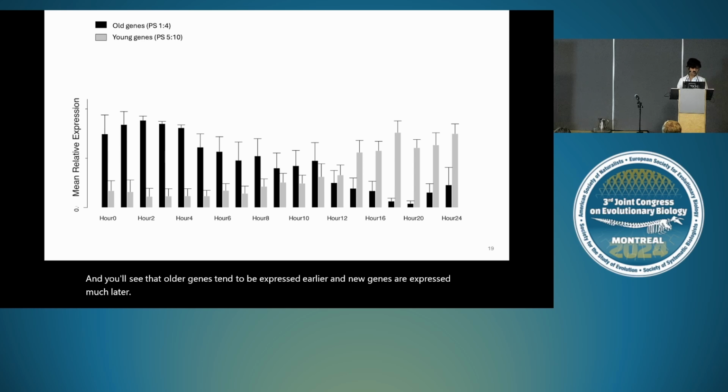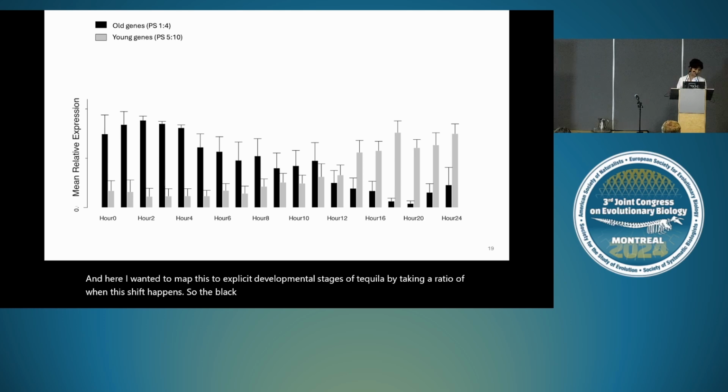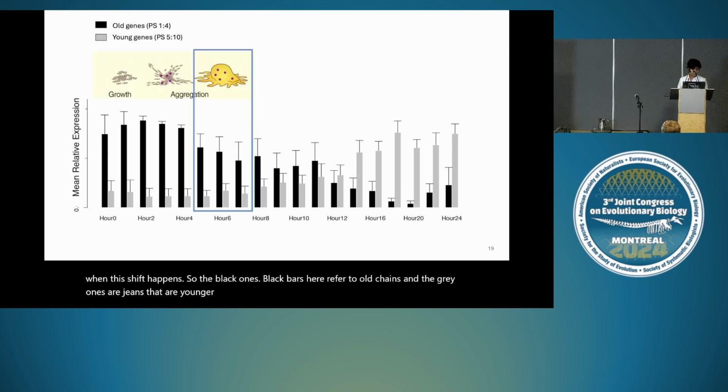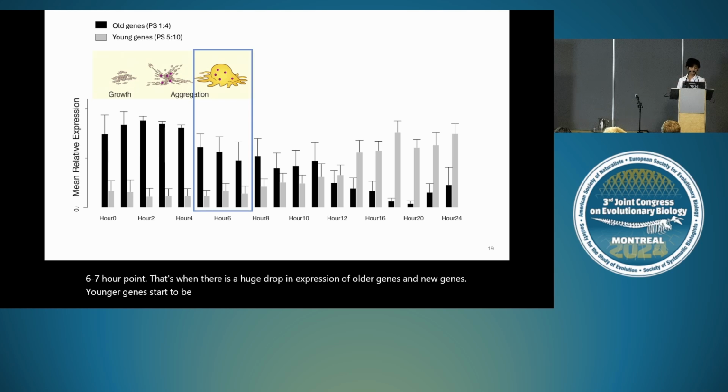Here, I wanted to map this to explicit developmental stages of Dictyostelium by taking a ratio of when this shift happens. So the black bars here refer to old genes, and the gray ones are genes that are younger. And I see that around the 6-7 hour point, there is a huge drop in expression of older genes, and younger genes start to be expressed increasingly.